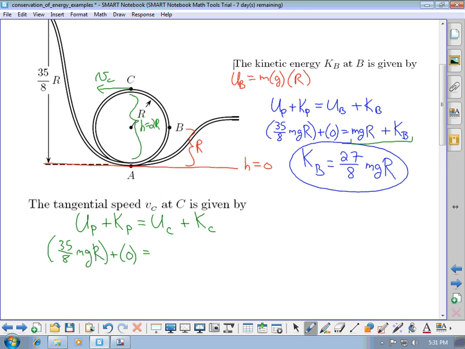So with this, the potential energy at point C is mg times the height of 2R. And instead of just leaving this as the kinetic energy at C, because it's asking for the tangential speed, I'm going to substitute in 1/2 times the mass times the speed at C squared.